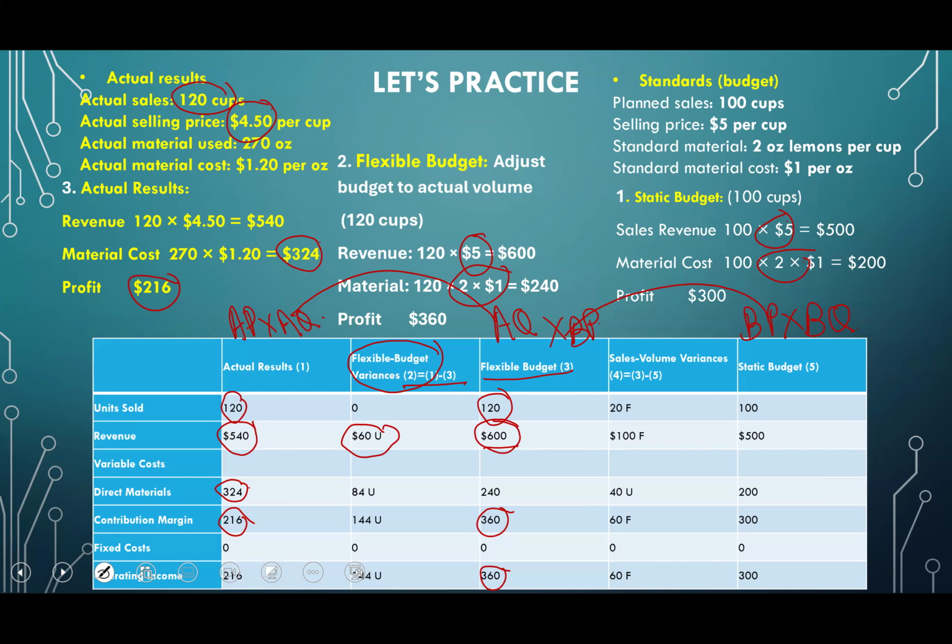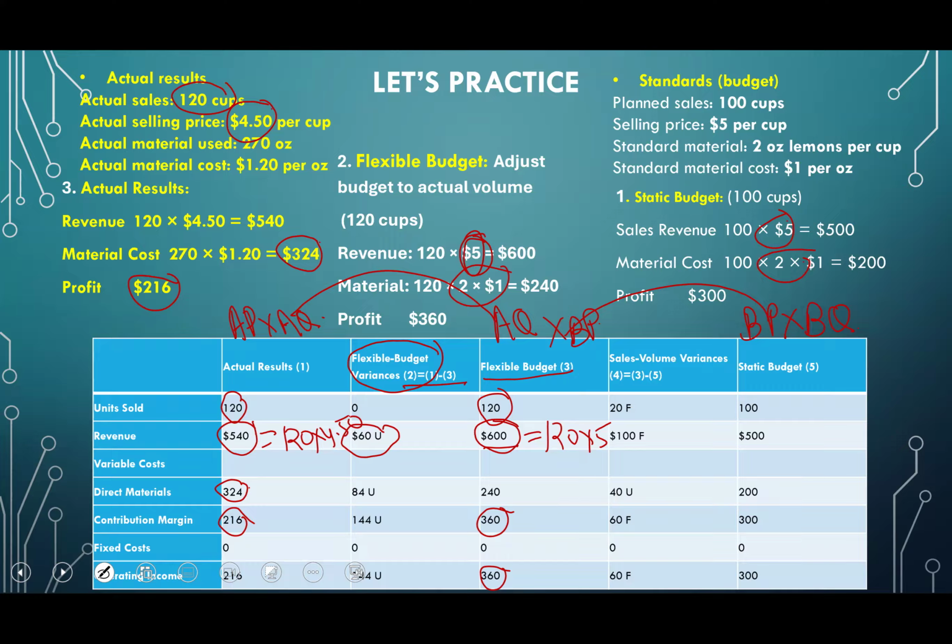I was planning on selling them at $5 a unit, so this one is 120 times 5, whereas this one is 120 times 4.50. So for each glass of lemonade, I got less revenue than expected. Less revenue is never good for the company, and that is why the 60 unfavorable is saying that my profit is less than expected.